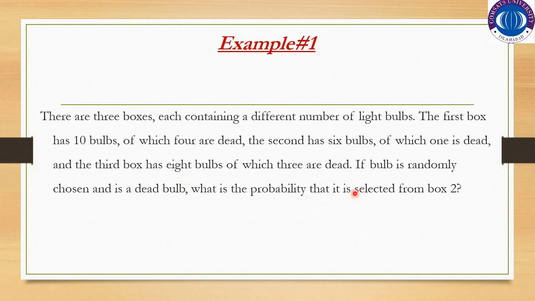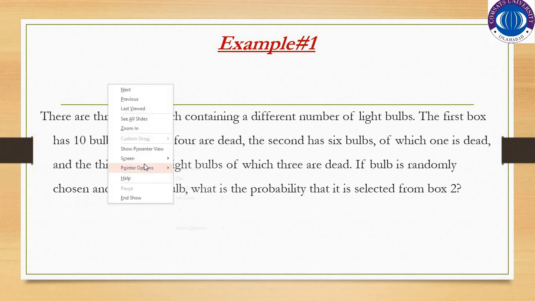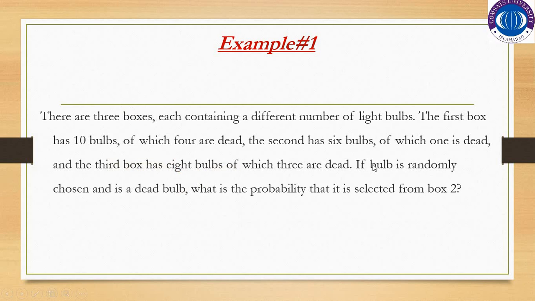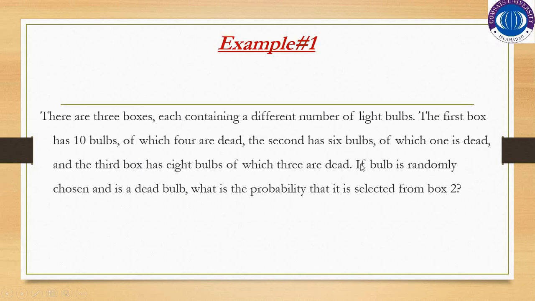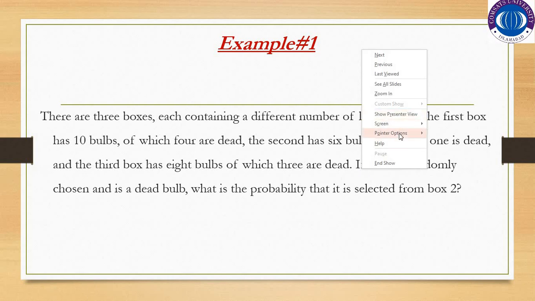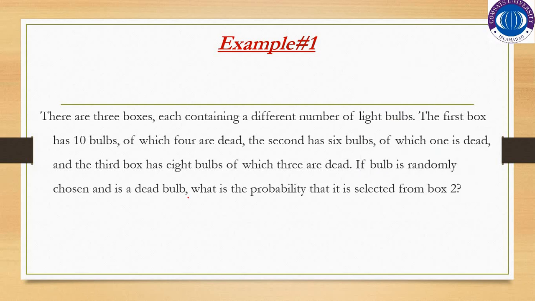Now what do we have to find? If a bulb is randomly chosen and is a dead bulb, we have been given the information that the bulb is randomly chosen and the bulb is the dead bulb. What is the probability that the selected bulb is coming from box 2?